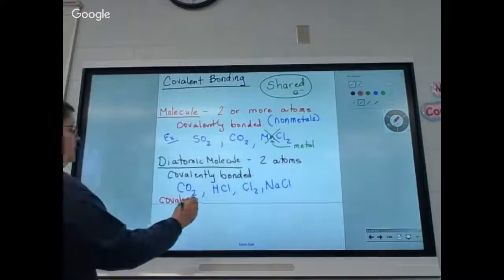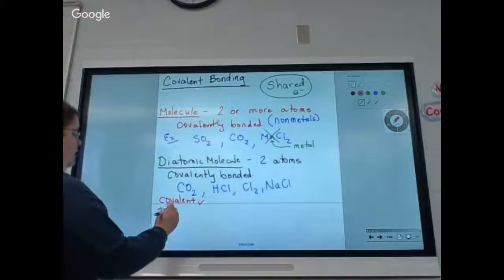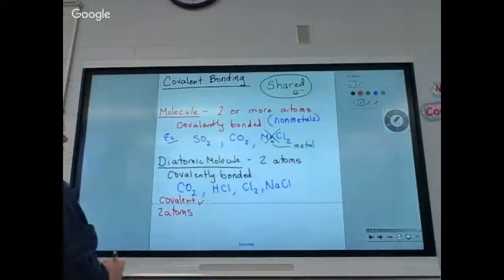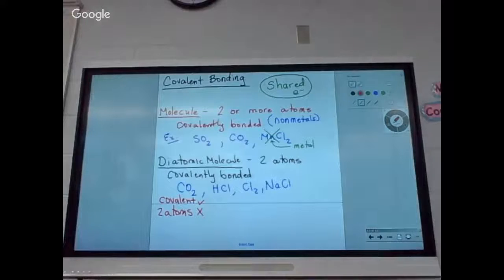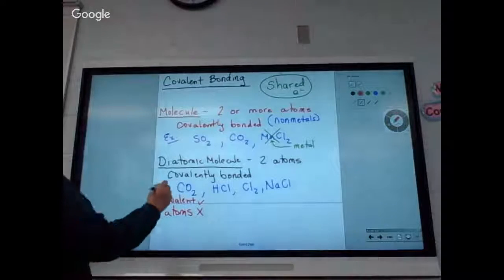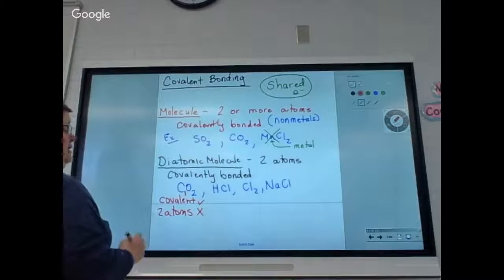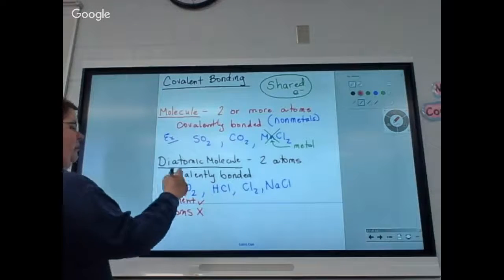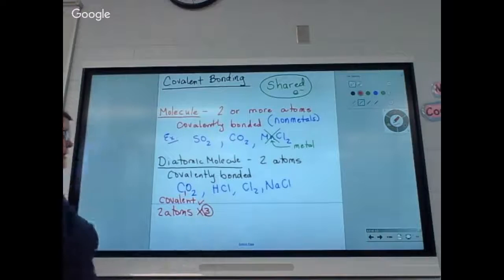It's two nonmetals. Okay, we're good on that one. Is it two atoms? The answer is no. How many C's does it have? One. How many O's does it have? So that's 1 plus 2, which is how many? That's why it's not two atoms.